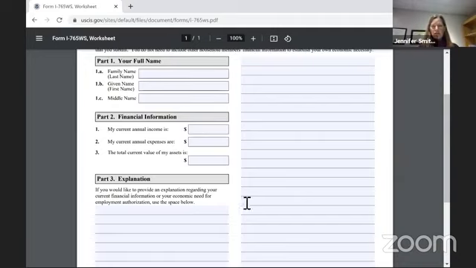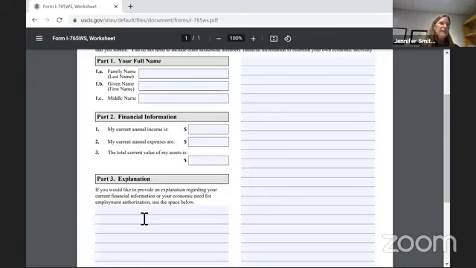Here, you're going to put a short statement about why you want DACA, why you want a work permit under DACA. Oh, I said that. Sorry. My brain is just forgetting to switch to Spanish. So, en esta parte es una declaración o explicación muy corta porque usted quiere un permiso de trabajo en los Estados Unidos por DACA.